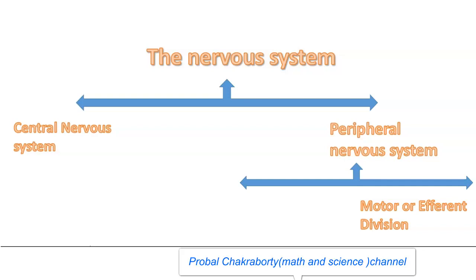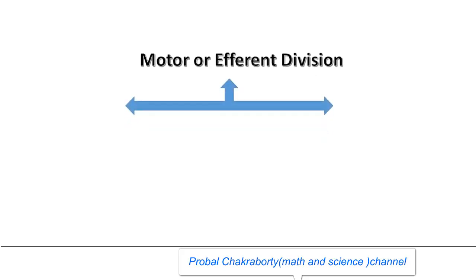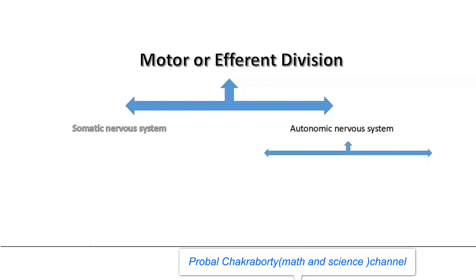Motor or efferent division, sensory or afferent division. The motor or efferent division is divided into two parts. One is the somatic nervous system, the other is the autonomic nervous system. The autonomic nervous system has the parasympathetic system and the sympathetic nervous system.